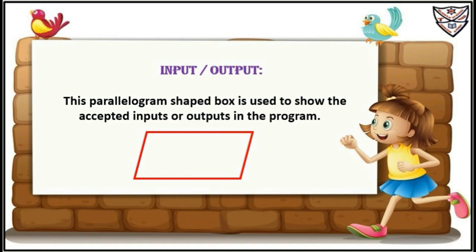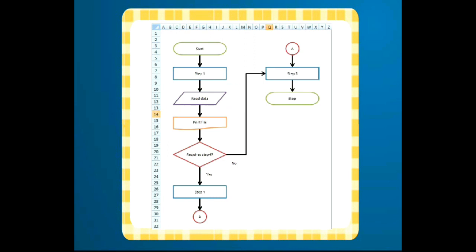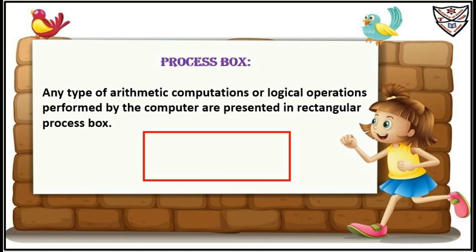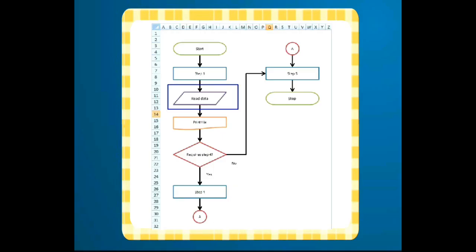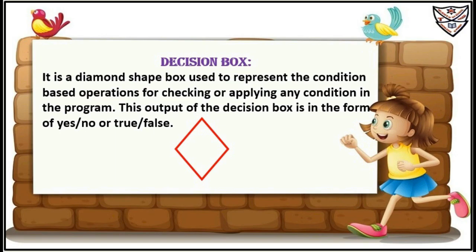Second, input and output box. The parallelogram-shaped box is used to show the accepted inputs or outputs in the program. Process box. Any type of arithmetic computations or logical operations performed by the computer are represented in the rectangular process box. Decision box.